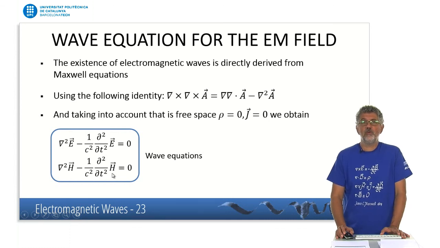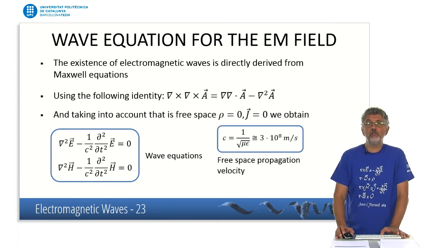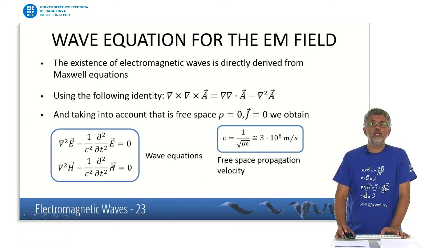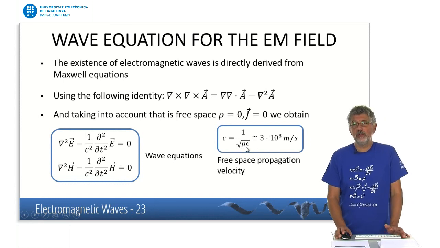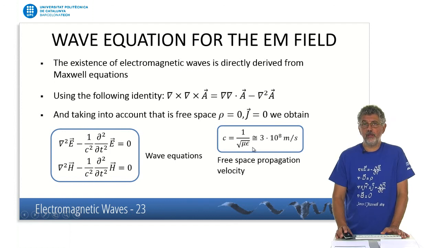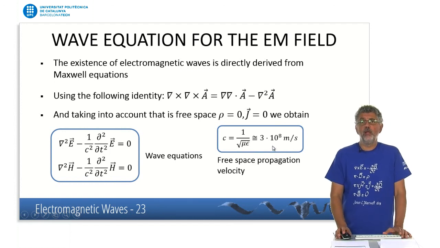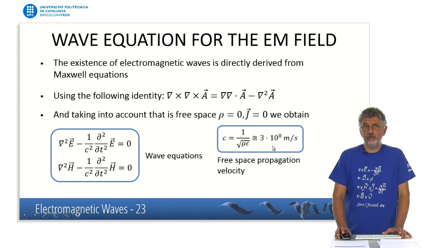These are known as the wave equations, where c is the propagation velocity of the wave, and in electromagnetics, c is 1 over the square root of mu epsilon, which in free space gives the very well-known value of 3 × 10⁸ meters per second, which is essentially the speed of light.